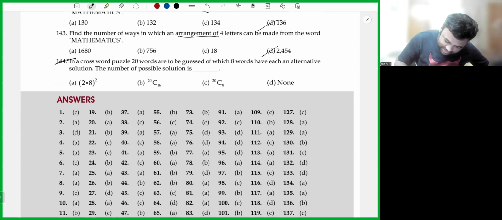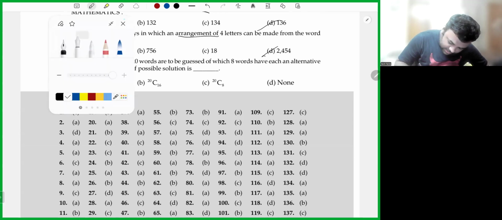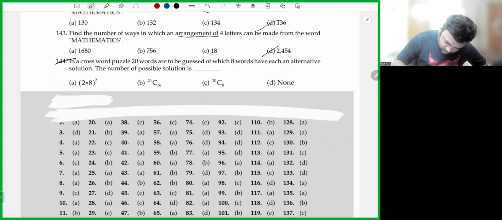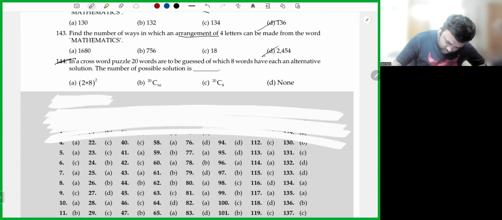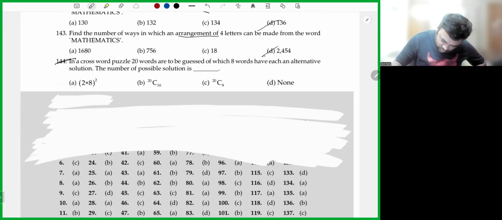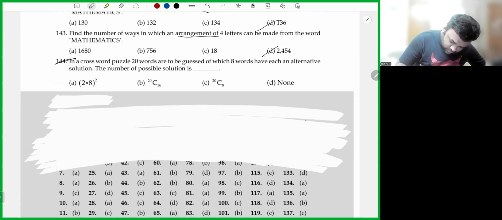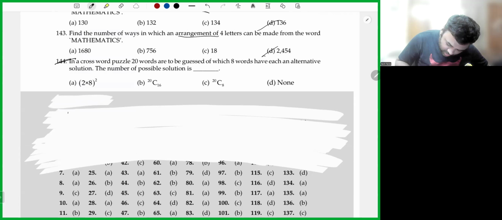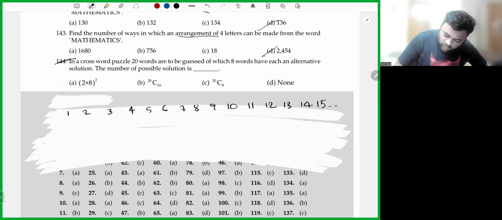So total 20 words are there: 1, 2, 3, 4, 5, 6, 7, 8, 9, 10, 11, 12, 13, 14, 15, and so on till 20.